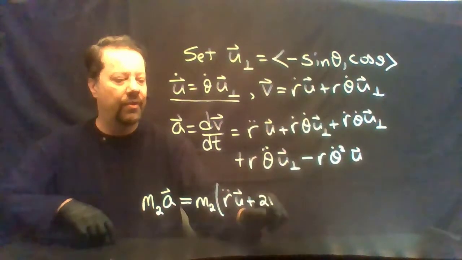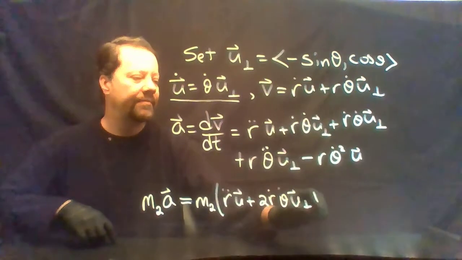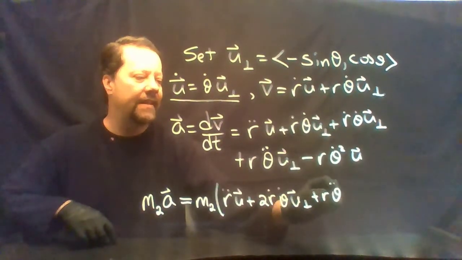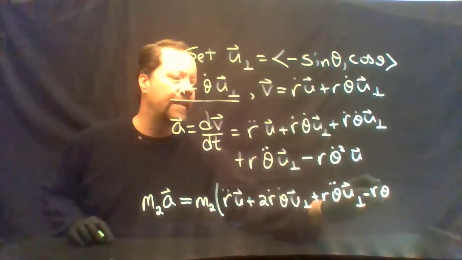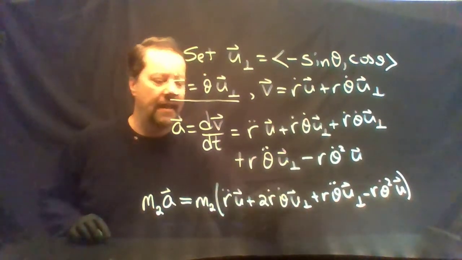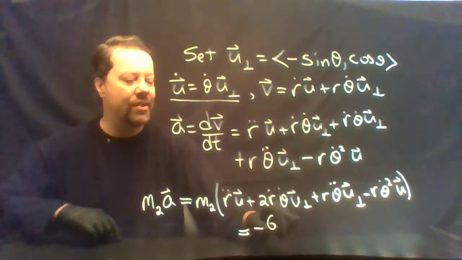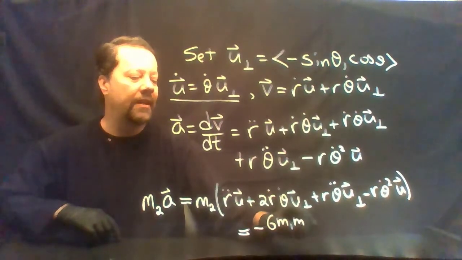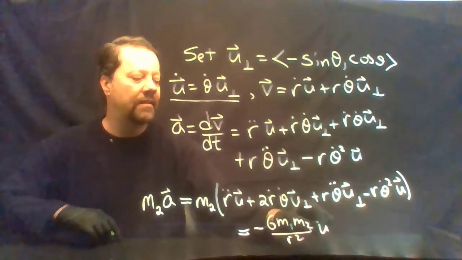We'll have 2 r dot theta dot u perp plus r theta dot dot u perp minus r theta dot squared u. And according to Newton's inverse square law, that's minus G m1 m2 divided by r squared times u.